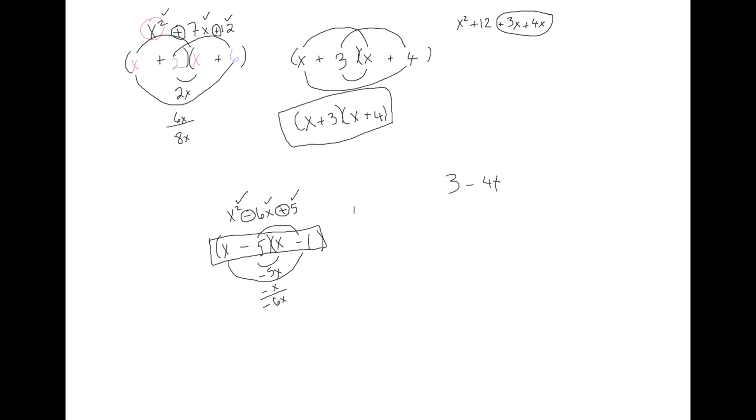3 minus 4t plus t squared. Anything look off with that?